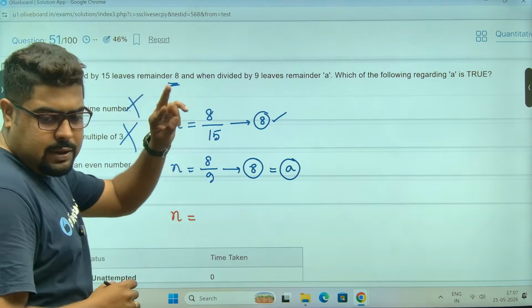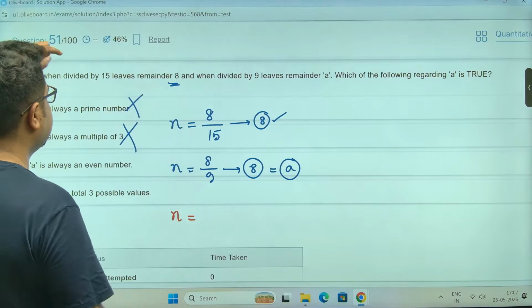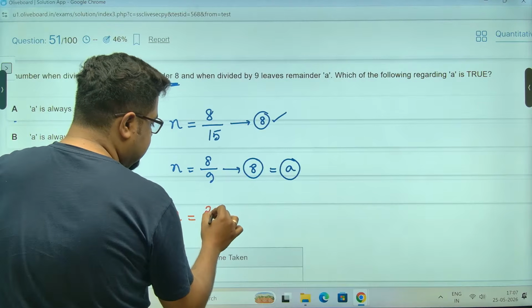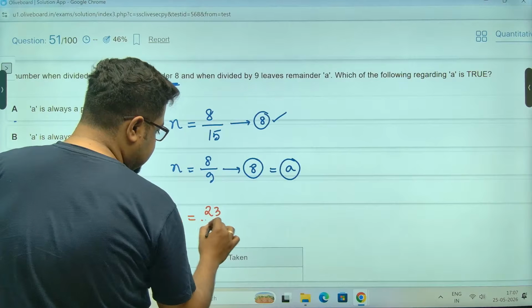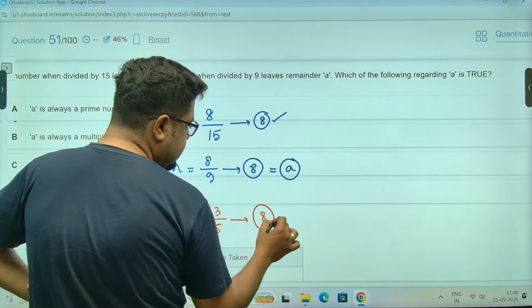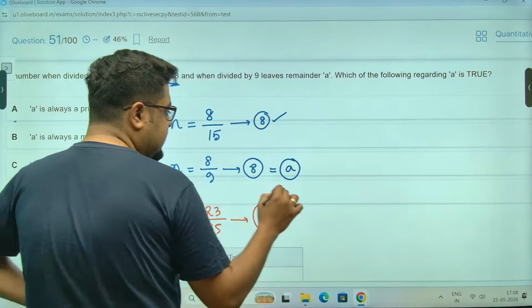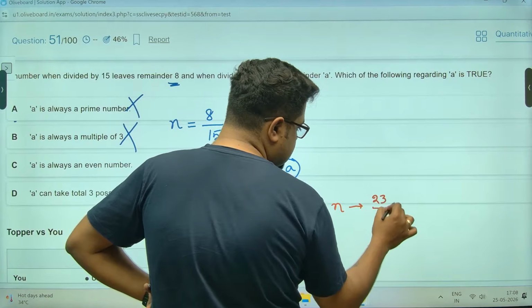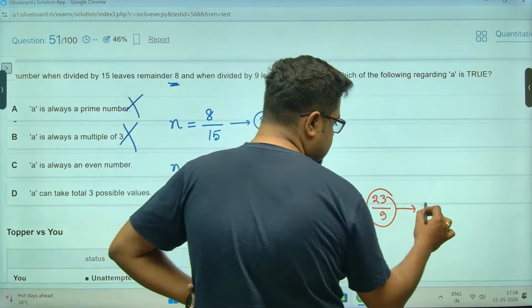Now the quotient I'm taking 1, meaning divided by 15, 15 ones are 15 plus 8, so the number I'm taking is 23. 23 divided by 15, the remainder is 8. Perfect. Now 23 divided by 9, the remainder is how much?